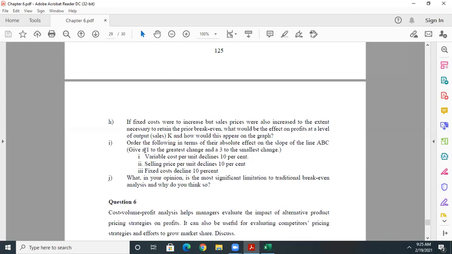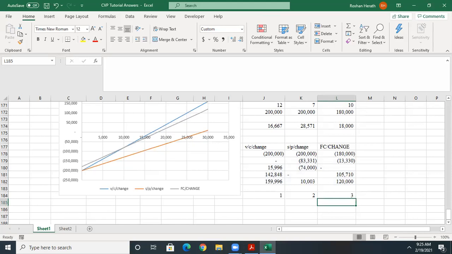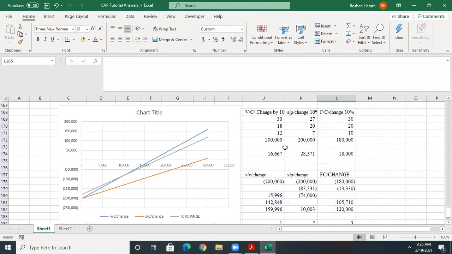Look at the slope of the line. Give the number 1 to the greatest change and the smallest change. So what would we make the greatest change? It's going to be the variable cost drop, so it will significantly increase your profit.